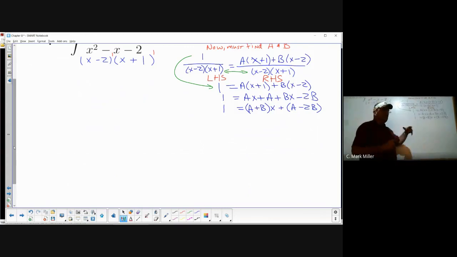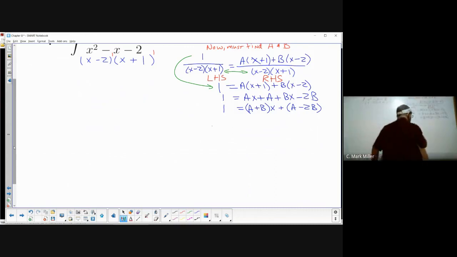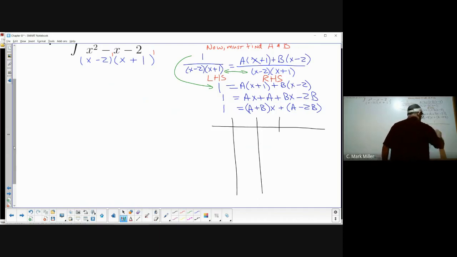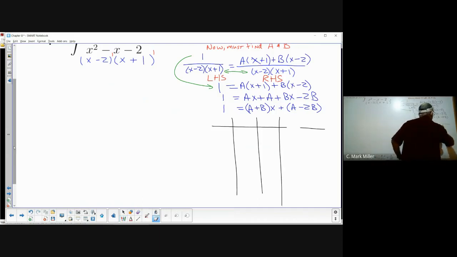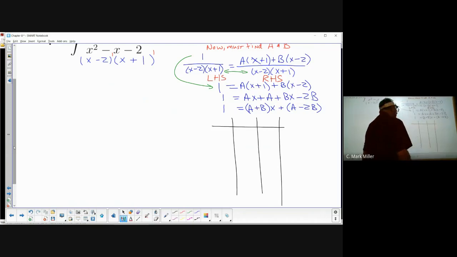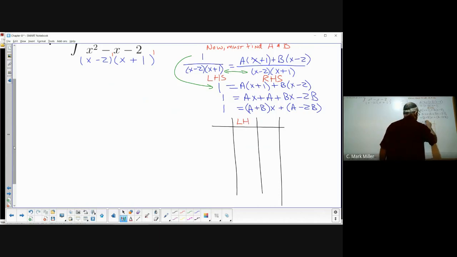So once we have it in this form, we're going to make a little chart. Okay? We're going to have up here left-hand side, right-hand side.